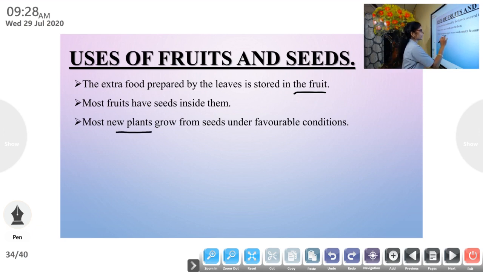Most new plants grow from the seeds when they get favorable conditions like temperature, water, etc.